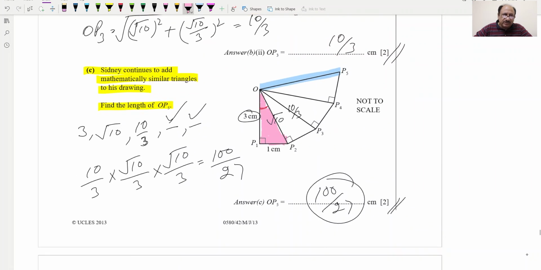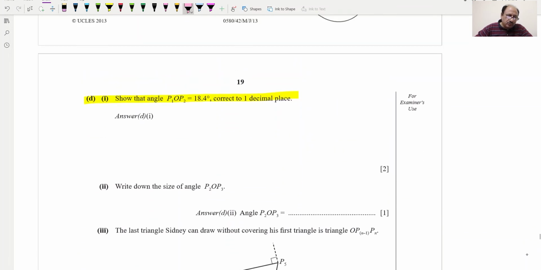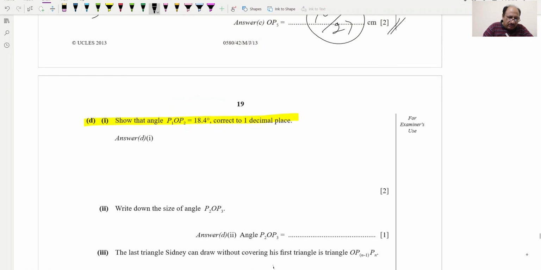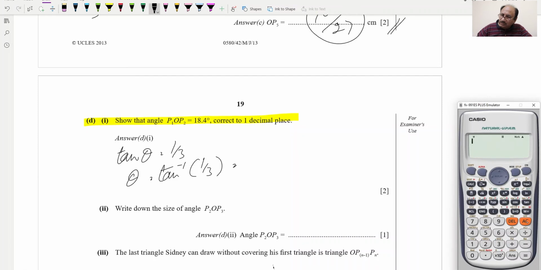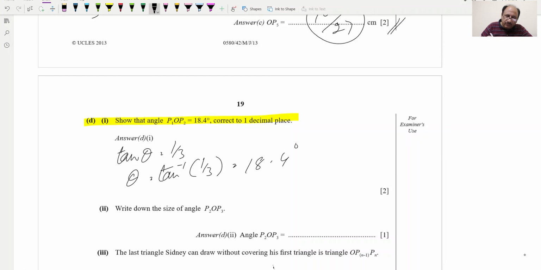So opposite over adjacent will be 1 by 3, so that will be tan theta. So tan theta is equal to 1 by 3, so theta is equal to tan inverse of 1 by 3, and this is equal to 18.4. So 18.4 degrees, which we were supposed to show, and this was a 2-mark question.